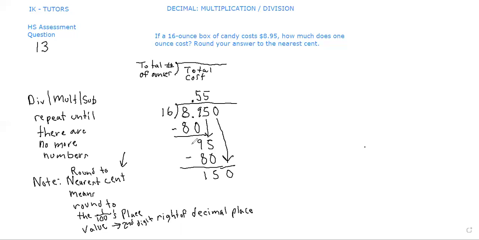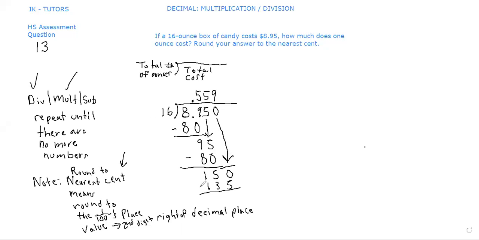16 divided into 150 goes 9 times. Nine times 16 is 144. So we divided 16 into 150, that takes care of the division. We multiplied the 9 times the 16, that takes care of the multiplication. What's next?